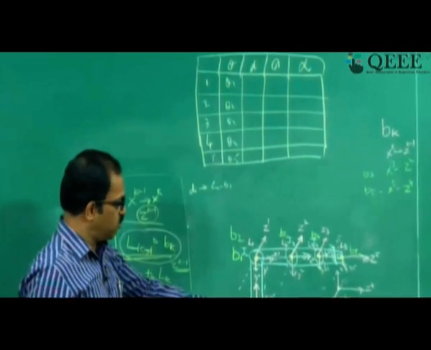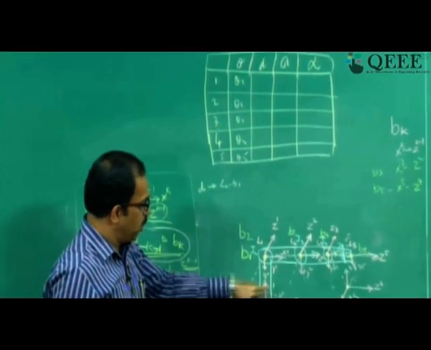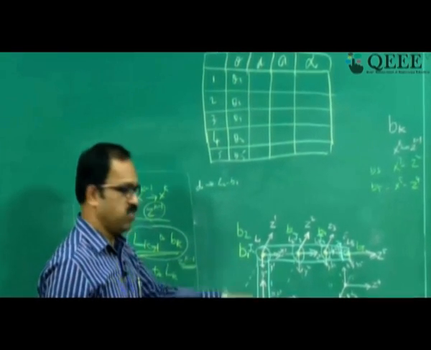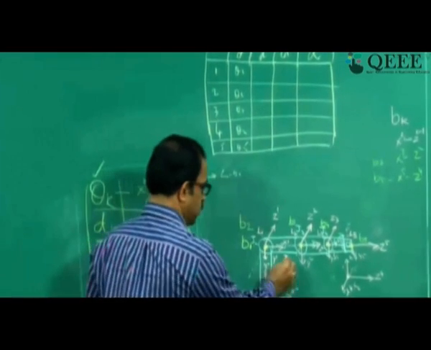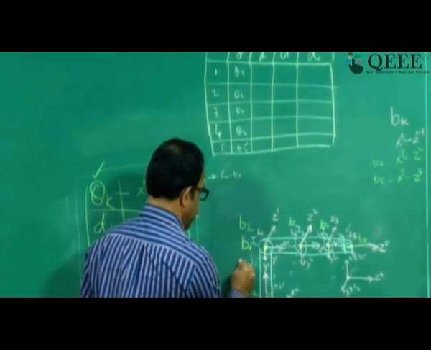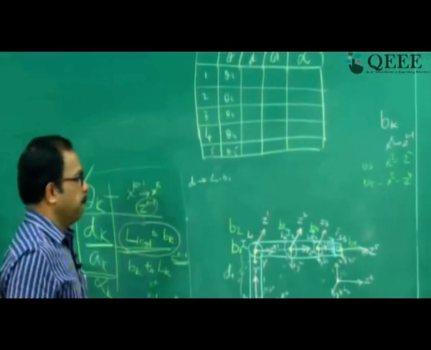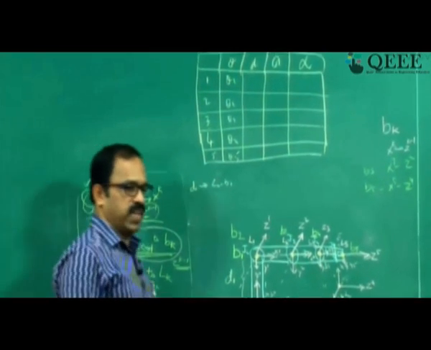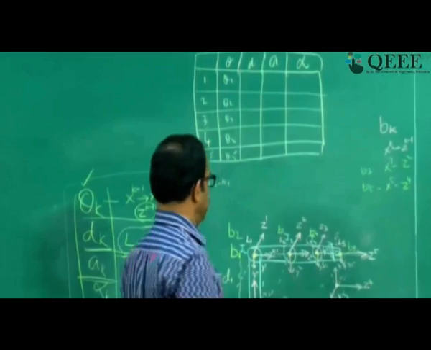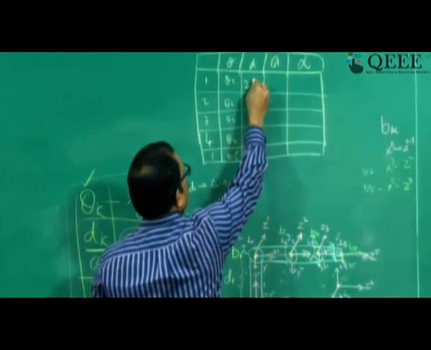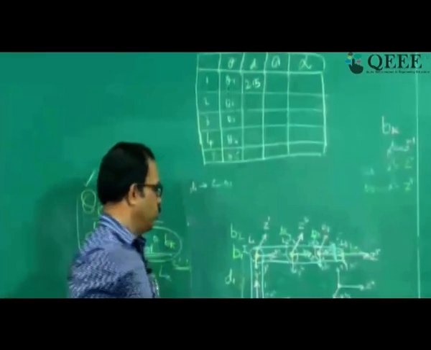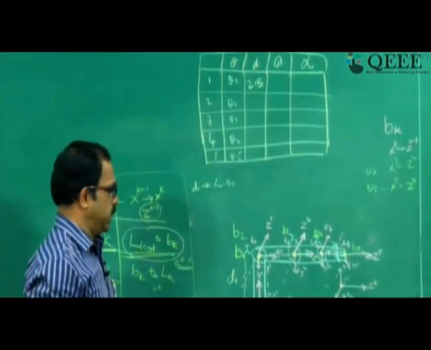What is the distance to be travelled from L0 to B1 along this axis? That is the D1 parameter. Looking at the manipulator, the numerical value is given as 215, so D1 is 215.